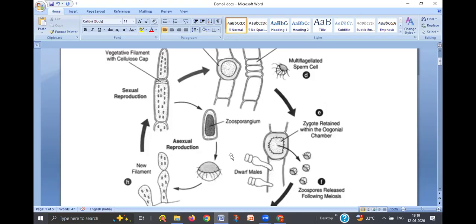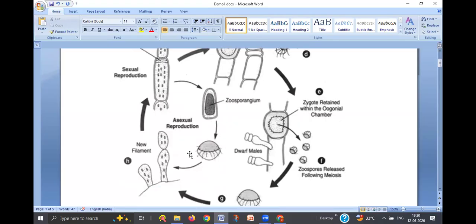If the spore contains flagella, that is called a zoospore. Since zoospores are formed in that cell, it is called a zoosporangium. Since the spore is motile, it is called a zoospore. Here the flagella are arranged in a circular form.